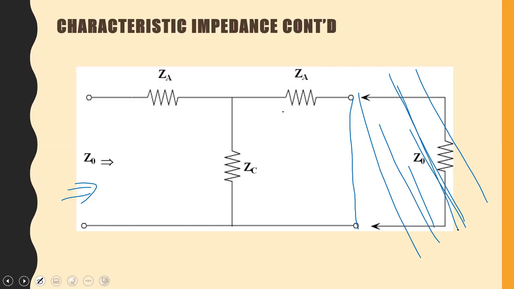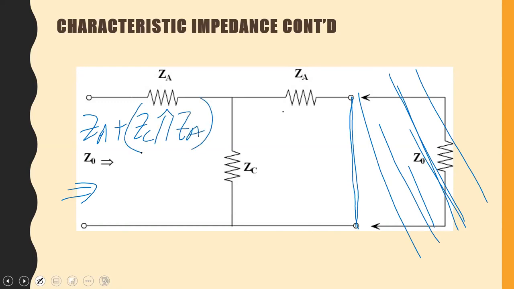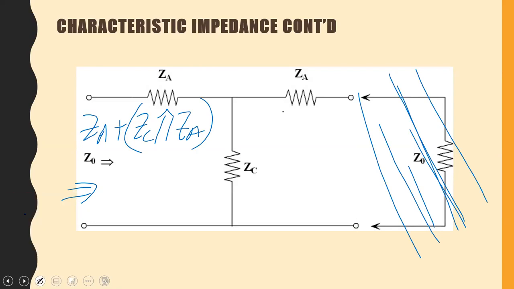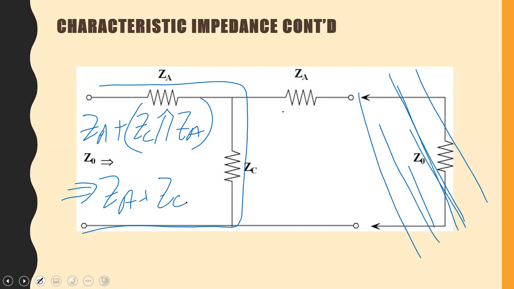So you're saying that ZC would be in parallel with ZA now. Yeah, I see that. So it is ZA in series with ZC in parallel with ZA. It's the open circuit part that I'm not getting. If I open it, then the current would only go through ZA and ZC and then come back. So it is ZA plus ZC. Understood, yes, sir.